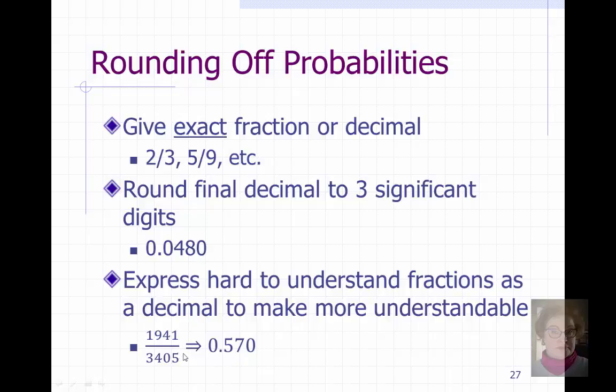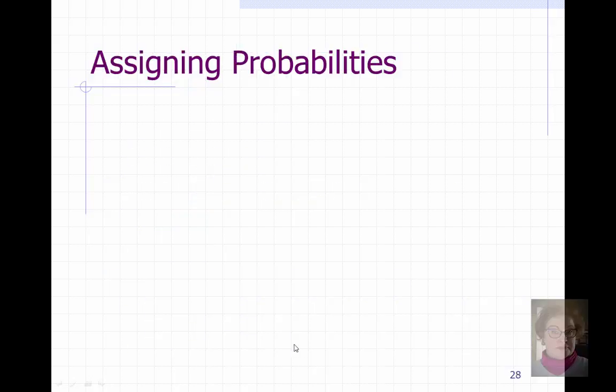Sometimes you might get a fraction that is just difficult to understand because you can't wrap your brain around it. Then change it to a decimal, round it to three significant figures. Now, sometimes we have a countable number of outcomes, and then we can actually assign the probabilities.